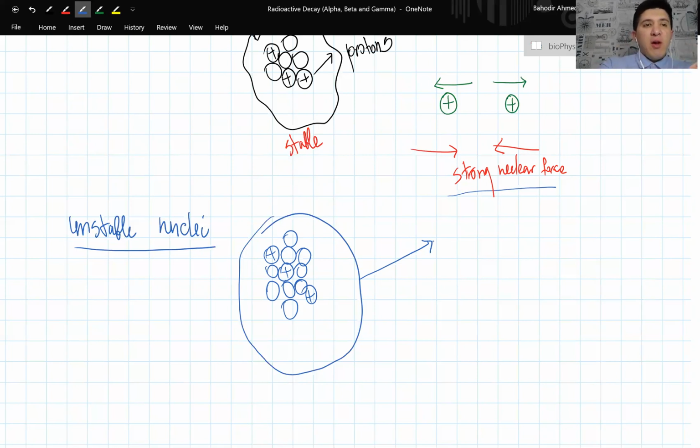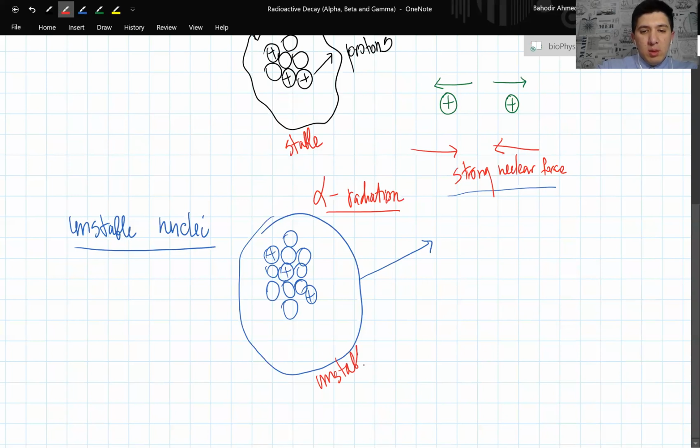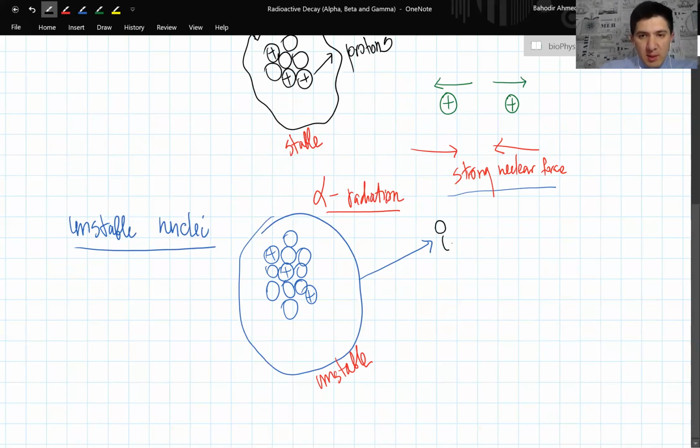Let's consider the first case, the alpha radiation or alpha decay. In this situation, the unstable nucleus tries to give off 4 particles, basically 2 protons and 2 neutrons, so that it becomes more stable.